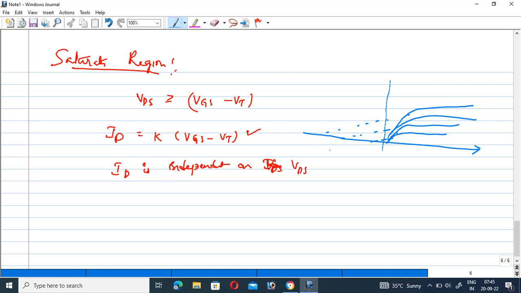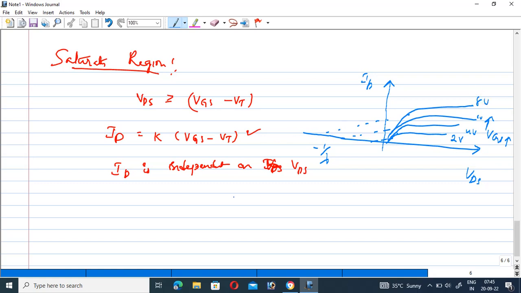Okay, generally, if you treat this point as minus 1 by lambda, this is the drain current ID, and this is VDS. The VGS voltage is increasing like 2 volts, 4 volts, 6 volts, and 8 volts.